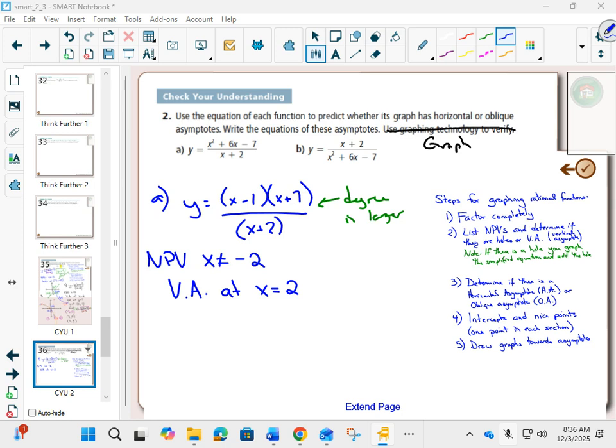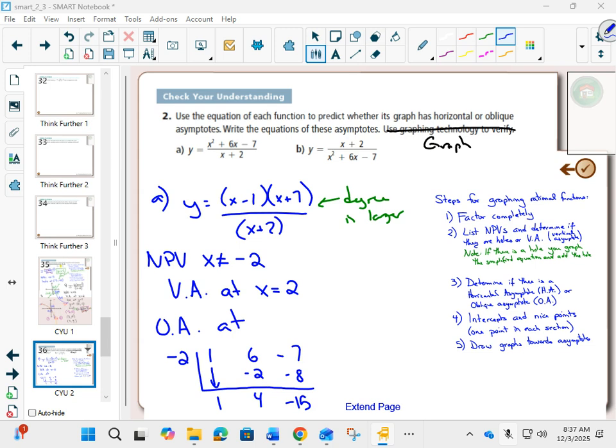And if the degree is bigger on the top and nothing simplifies, this is the situation where we have an oblique asymptote. And to figure out where that oblique asymptote is, we use synthetic division. So with synthetic division, I put my coefficients here. I'm dividing by x plus 2, so there'd be a minus 2 out in front. I bring down the 1, multiply, add, multiply, and add.